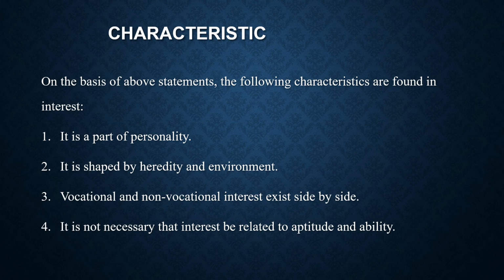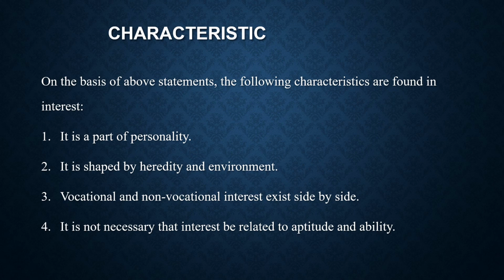And the next one is that vocational and non-vocational interest exist side by side, right? Number 4, it is not necessary that interest be related to aptitude and ability. Aptitude is like a skill that you are good at only in that particular thing.